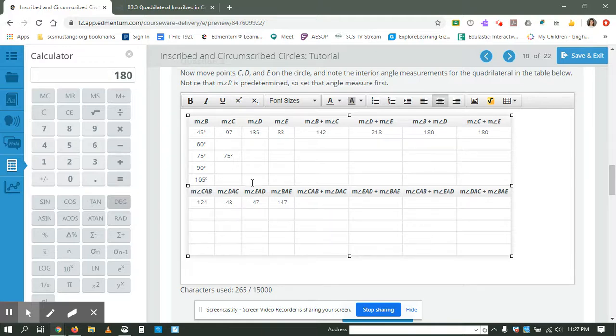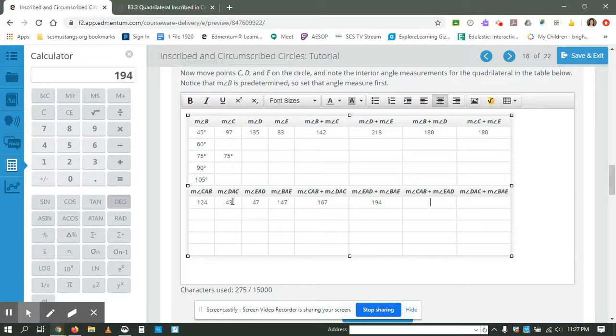So CAB plus DAC, 124 plus 43 gives you 167. And then EAD plus BAE, so 47 plus 147 is 194.